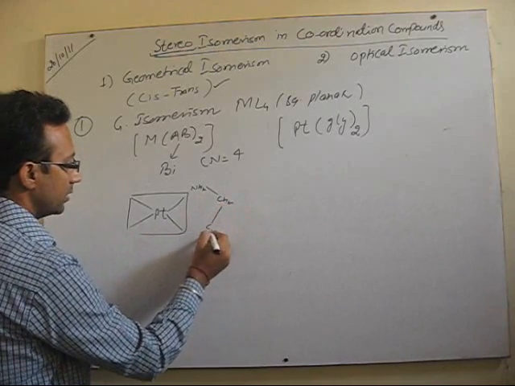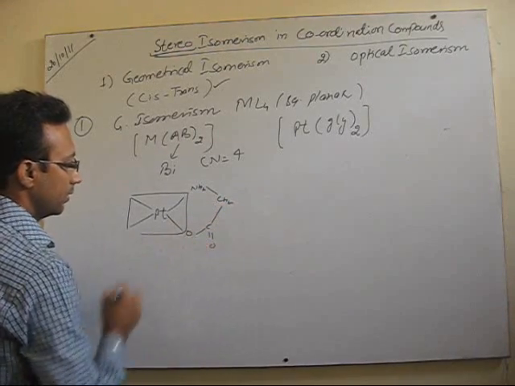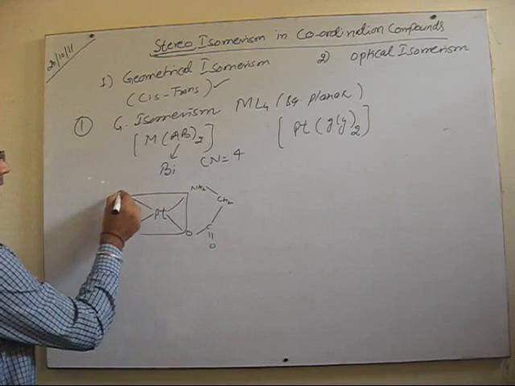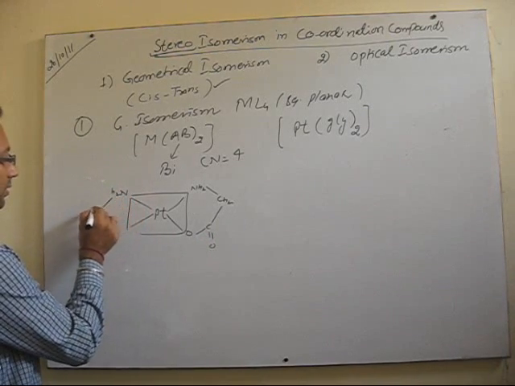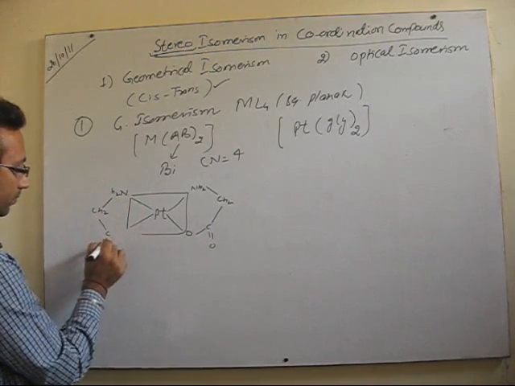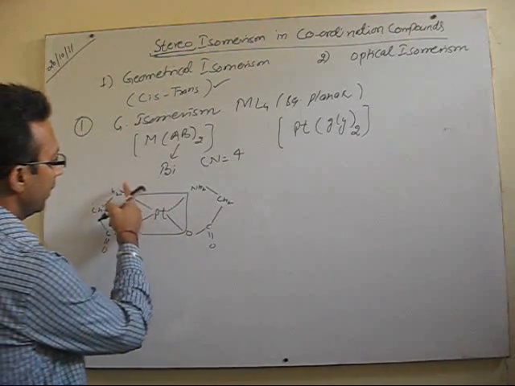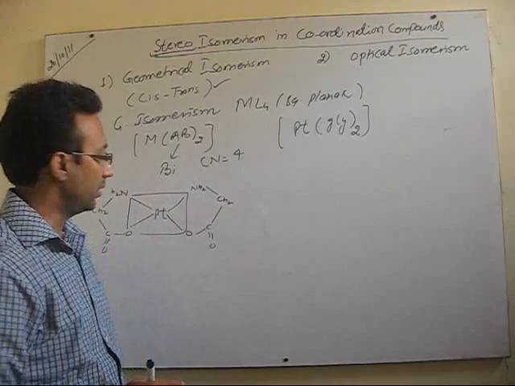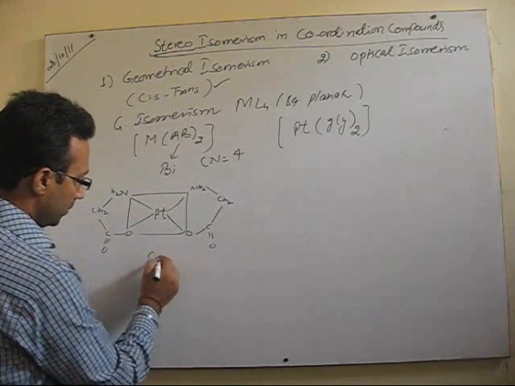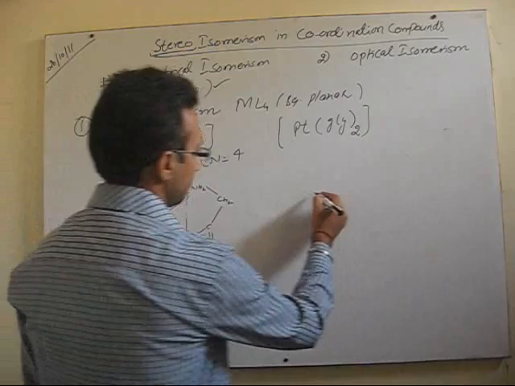same donors on the same side of the structure, then it will give you a cis isomer like this. You see, oxygen, oxygen on the same side, nitrogen, nitrogen on the same side. So this particular form is cis.